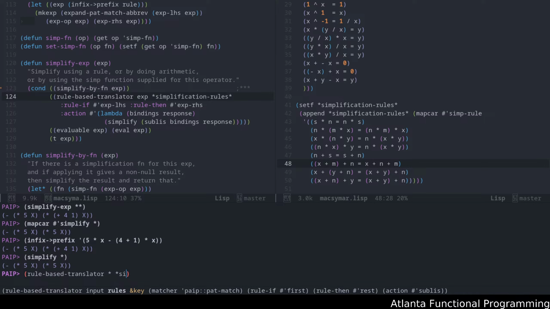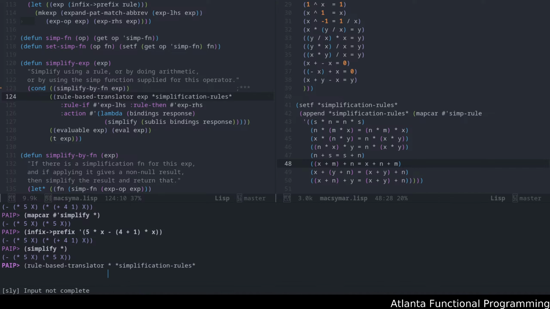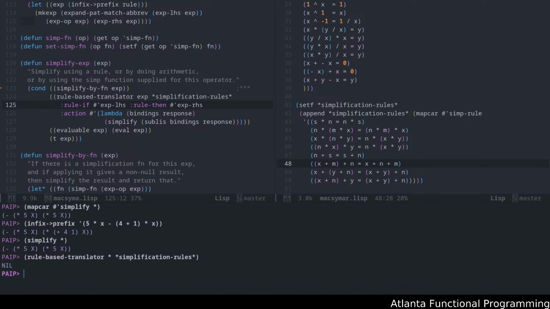Let's see what this is leveraging first. And we need to maybe provide the same rule if else stuff that's here. Actually, let's see what happens if I just did it without doing that. Nothing.